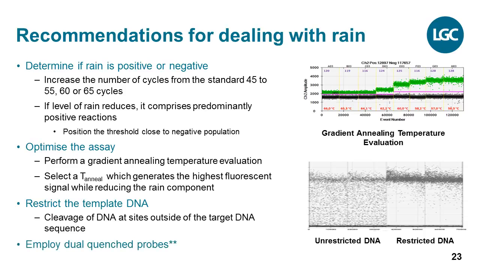A more recent strategy has been the introduction of dual-quenched hydrolysis probes, which in certain cases have been reported to help reduce levels of RAIN. Details regarding the use of dual-quench probes is beyond the scope of the current e-seminar. Further information can be found in a 2017 publication by Collier et al., which covers the subject in more detail.